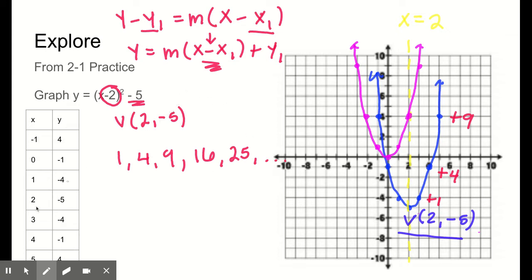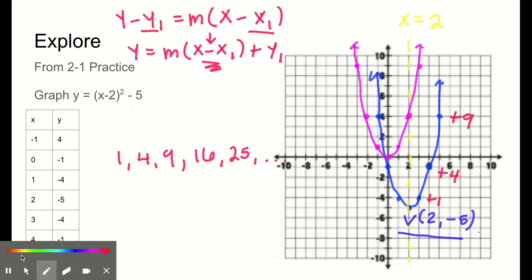Now, what's different about this equation from the point-slope form? Because remember, in point-slope form, that gives us a line. So here, notice that we have this square. And that square is what causes our graph to make this parabolic shape.